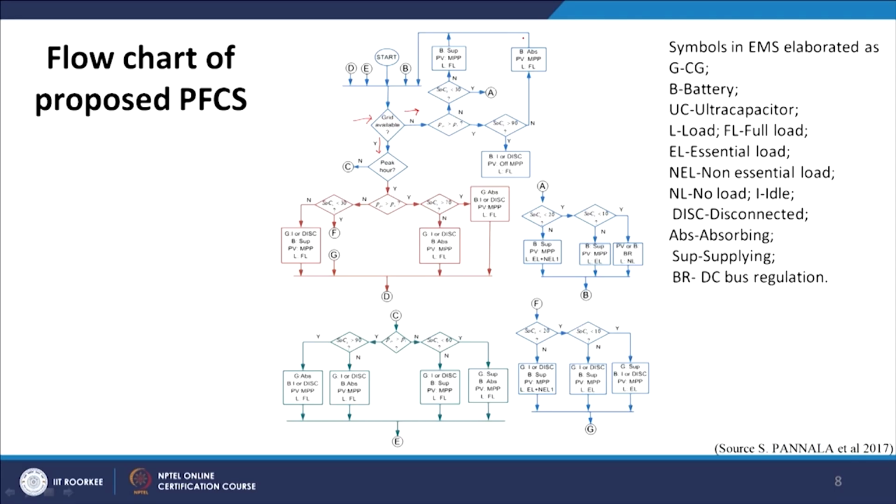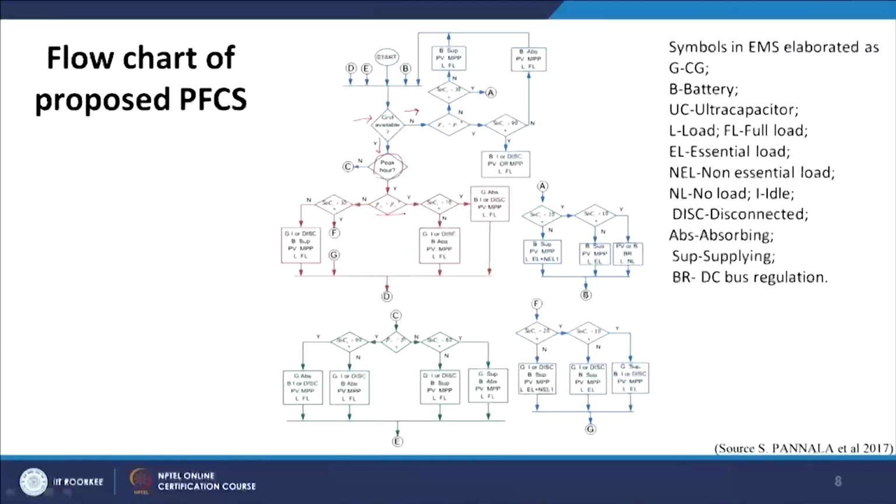If the grid is available, then it is either peak or off peak. So, when the grid is available to me, check whether it is peak hour. If it is peak hour, then we check the real power generation from the PV, whether the PV power is more than the P load or not.